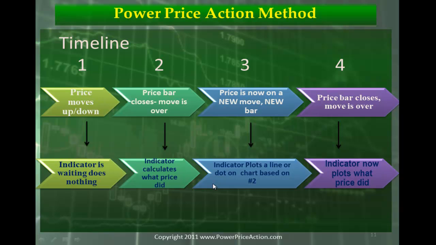And only after the third candle closes, the indicator plots a line, a dot, a chart, which is based on what occurred in number two. And now we go on again, over and over again. The price bar closes, the move is over, and nothing is happening.